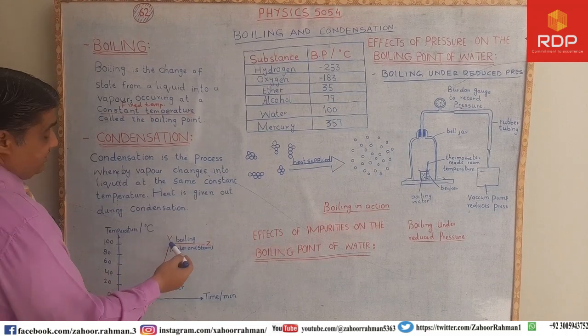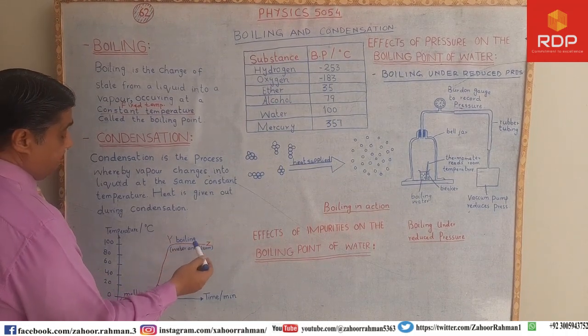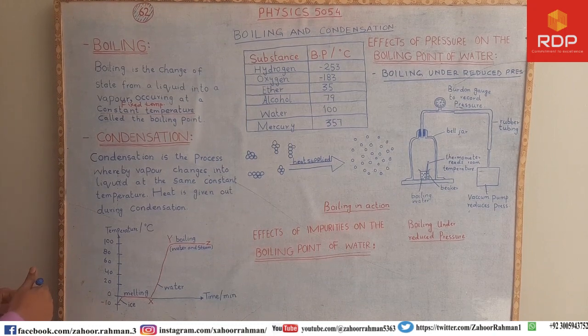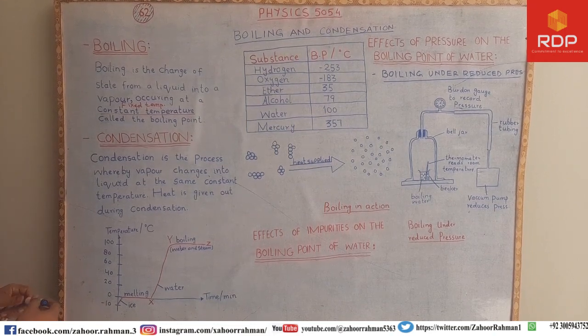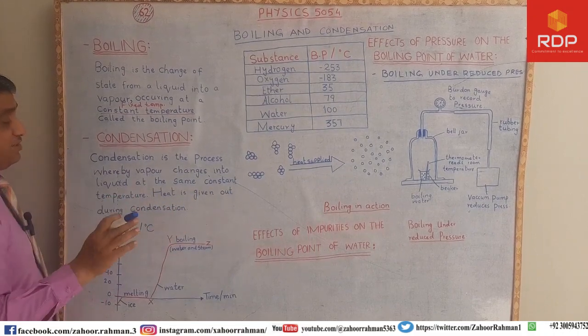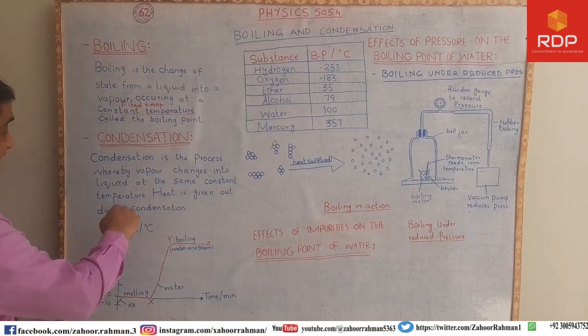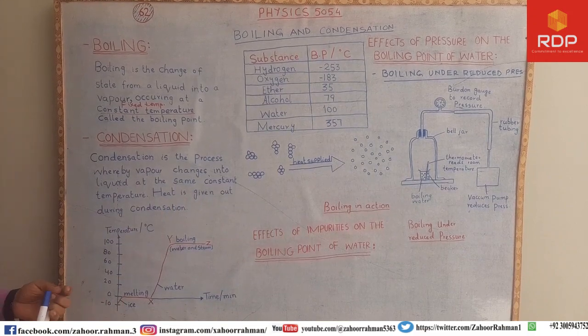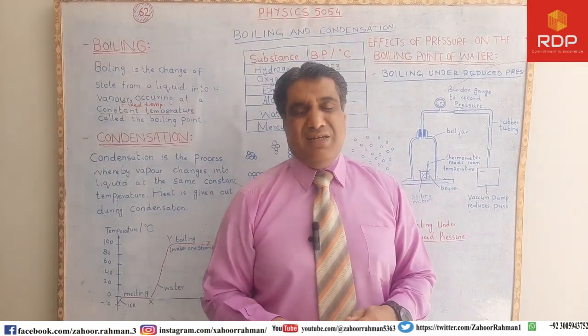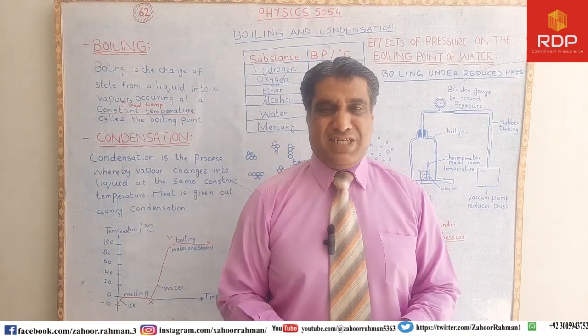The temperature at which the boiling point is occurring must also be the condensation point. Heat is given out during the condensation. Let's talk about the condensation in a bit more detail, that what is condensation.